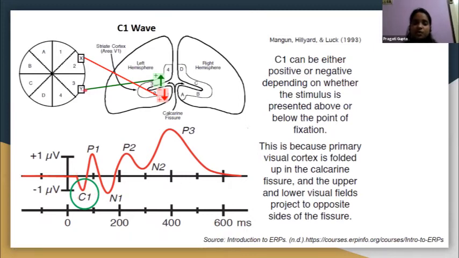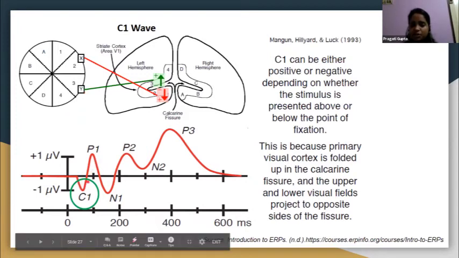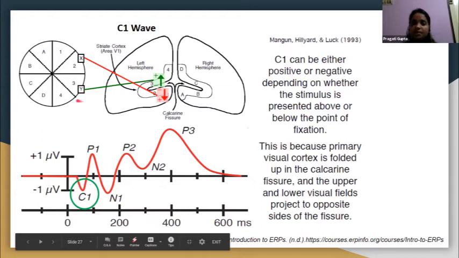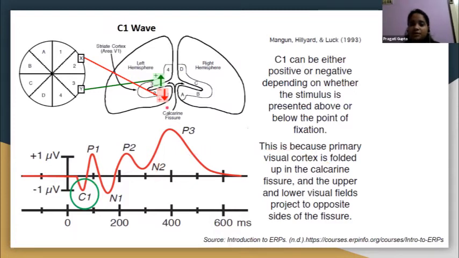If there is a lower visual field stimulus, there will be a positive polarity, which overlaps with the P1 wave. So only when there is a stimulus in the upper visual field can we see the C1 specifically. This is because of the orientation of the calcarine fissure, the way it is folded, so the upper and lower visual fields are opposite to each other.